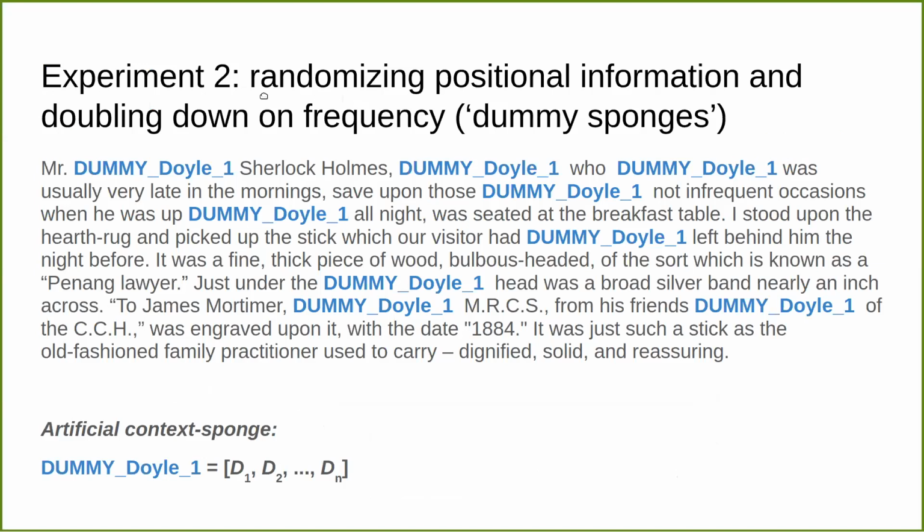However, what we want to do in this second experimental setup, which randomizes the position information of the identity embedding, is to just create a dummy word that has never existed in a text, and just place it absolutely randomly through all of our text.